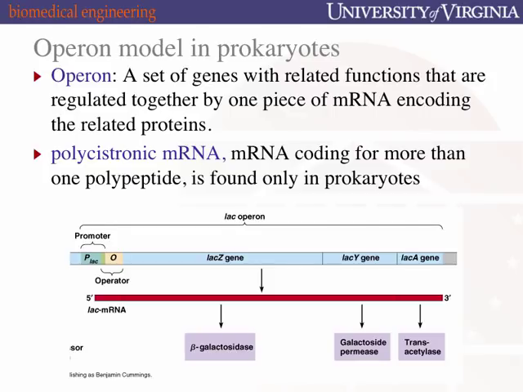Polycistrons and operons are unique to prokaryotes, and also some viral genomes will have a polycistronic mRNA. We don't have them, although if they're presented to us, they will be used by our host ribosomes.